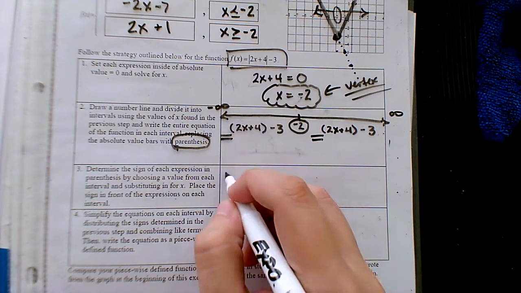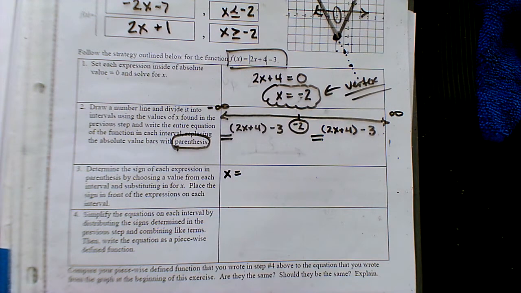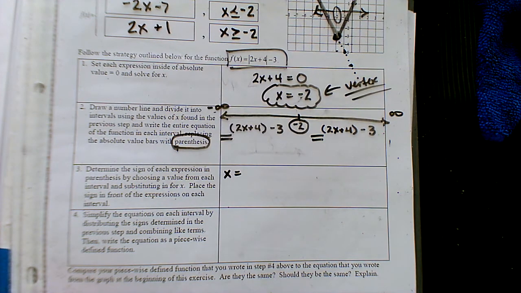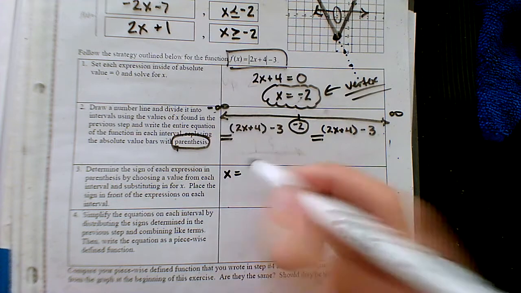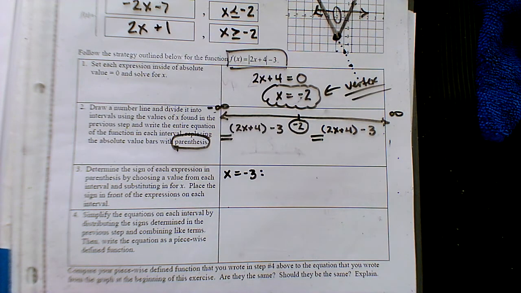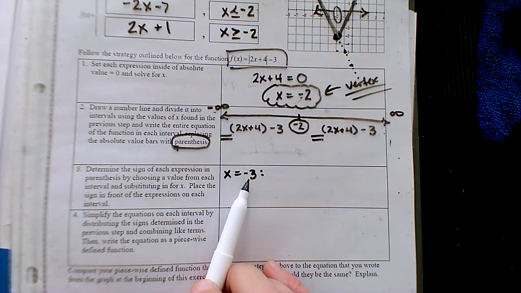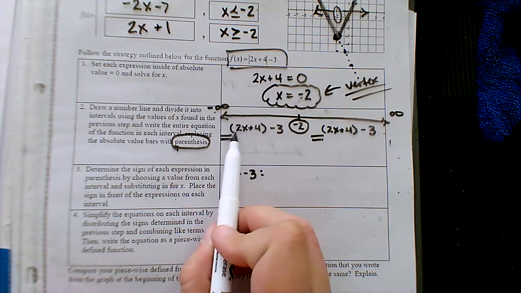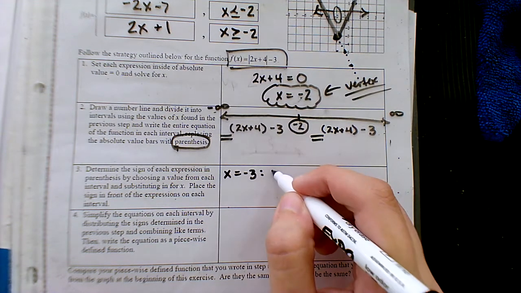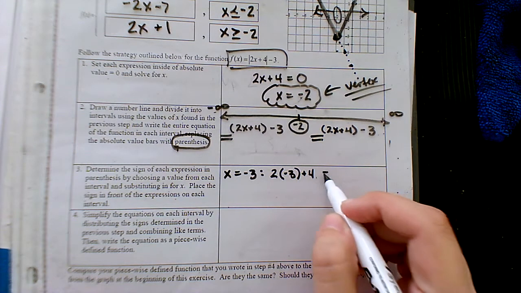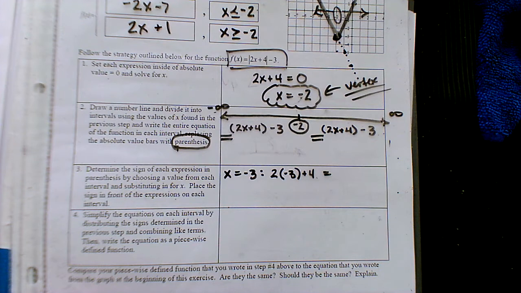So I want us to think about any x value you want between negative infinity and negative 2. Can we pick a number that fits inside that interval? Let's do negative 3. You could do negative 10. It doesn't matter. We're going to choose this value, and we're going to plug it into just the parentheses set, because we're testing to see if that's positive or negative. So if you were to do 2 times negative 3 plus 4, would you get a positive number or a negative number?